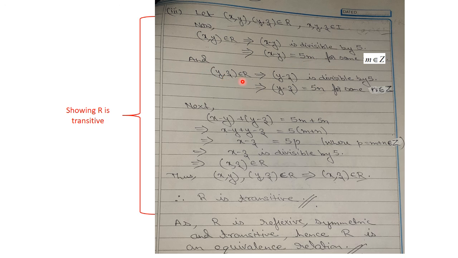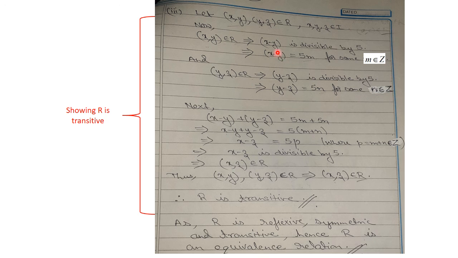Next, (y, z) belongs to R. This implies that y minus z is divisible by 5, which means y minus z is a multiple of 5. That means we can write y minus z is equal to 5 times some number. That number I have taken as n, and n will belong to the set of integers.